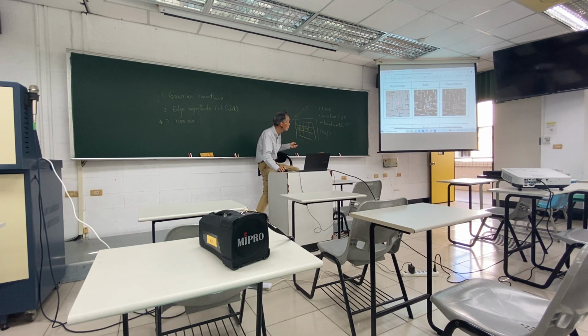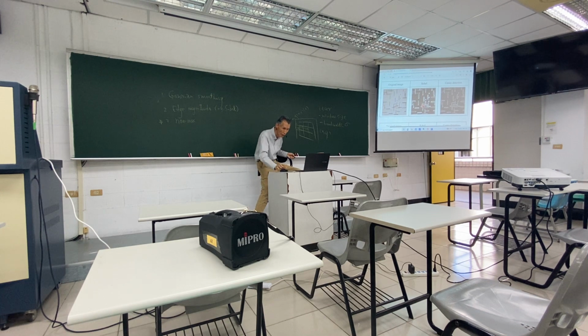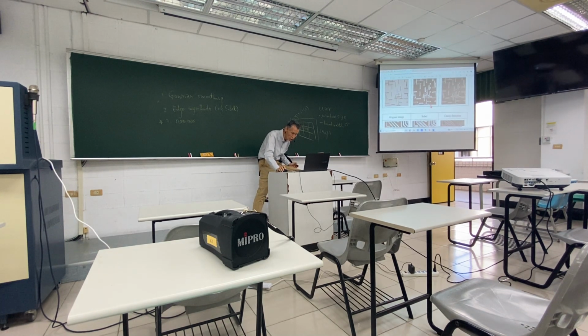This is the original input. This is the result of the Sobel operator. If you apply Roberts, you can see much thinner edges. And this is the result of Canny detection. You can see the width of the edges is almost only 1 pixel. The reason for that will become clear.